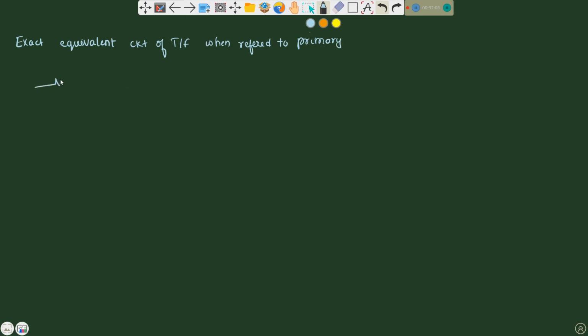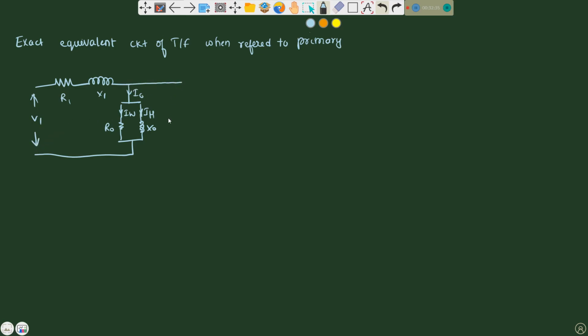So here what we will get? We will get everything similar in the primary side, there won't be any change. So here this will be I0, these are active and reactive component of currents, that is IW and I mu. This is R0 and here it is X0, R1, X1. Here it will be an applied voltage V1 or source voltage.